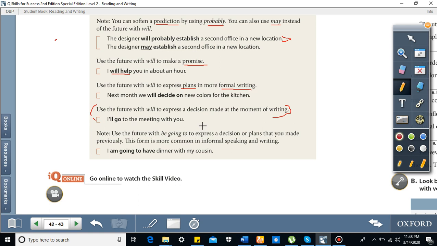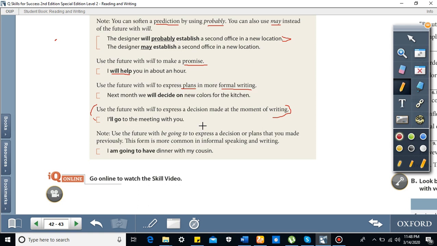This next use of will is a little bit interesting, and it is a very useful way to use will. We use will when we make a decision at that very moment, while you are speaking. For example, if I'm sitting with my friend in a room and somebody knocks at the door and I say, I'll get it. I will get it.